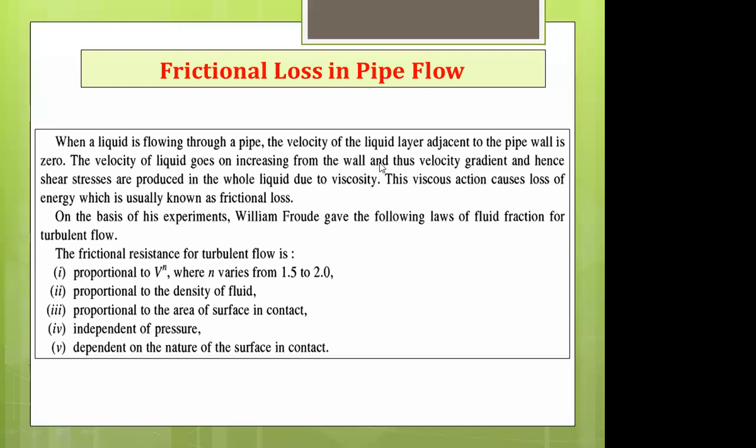See, to find out this major loss or head loss due to friction, the scientist William Froude has done various experiments, and from his experiments he has obtained certain laws. Okay, and these laws have been given here that you have to note down. The frictional resistance for turbulent flow, the main reason behind that is viscosity, and these laws of frictional resistance आपण या ठिकाणी लिहून घ्यायचे.